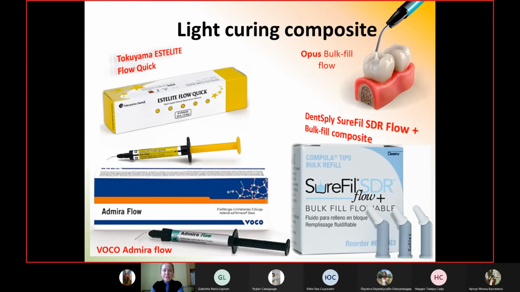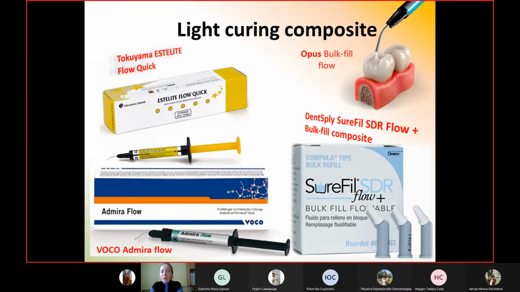So on this slide, I have collected the main representatives of light curing flowable and bulk fill composite material. You have Tokuyama Estelite Flow Quick, Admira Flow from company Voco.